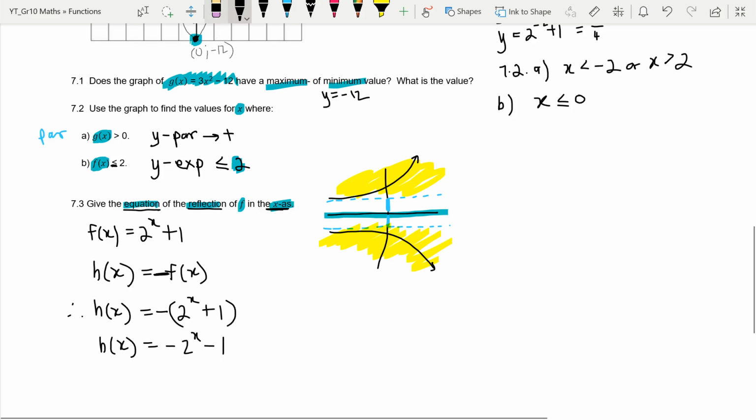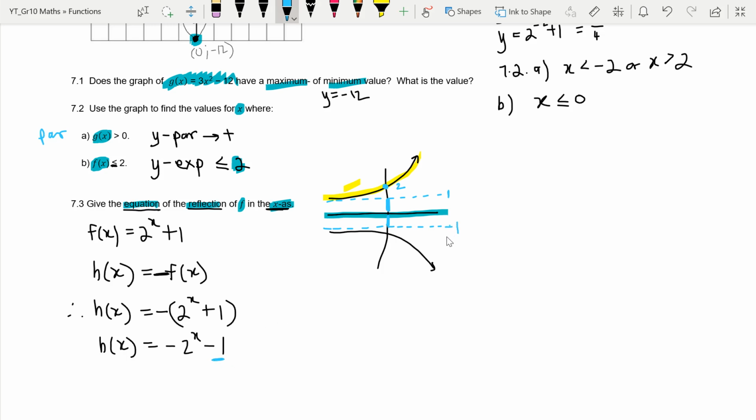Let's see if it lines up with our rough sketch where we said our reflection is going to be. That was our curve that is drawn. We said our reflection is the one at the bottom. This one over here has a y-intercept of 2, and the asymptote is at 1. And our reflection now has an asymptote at minus 1. Yes, it lines up. It's just on the other side.